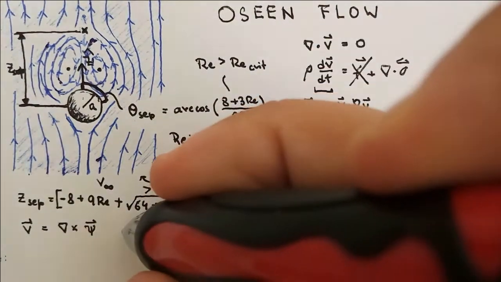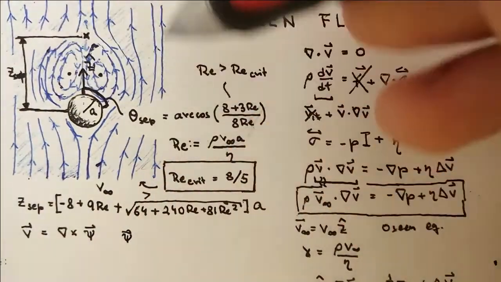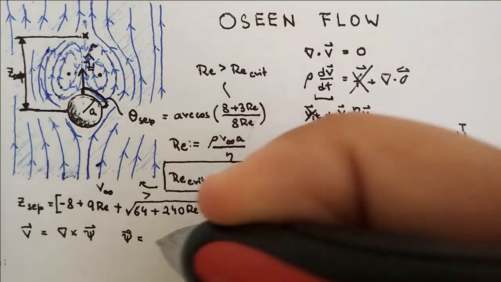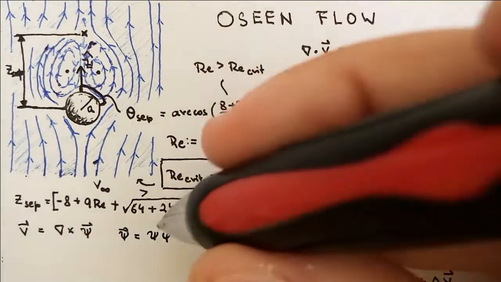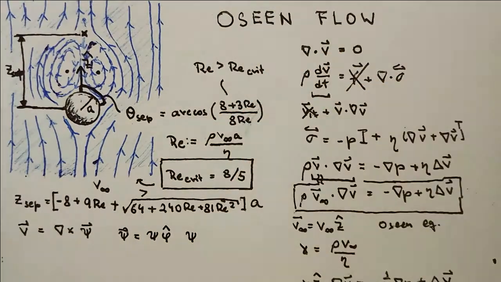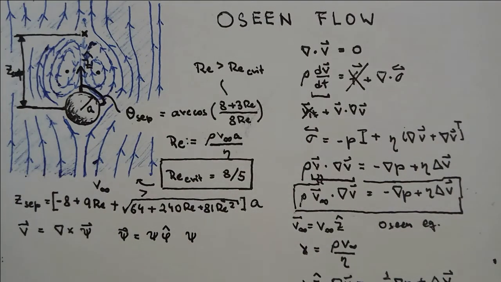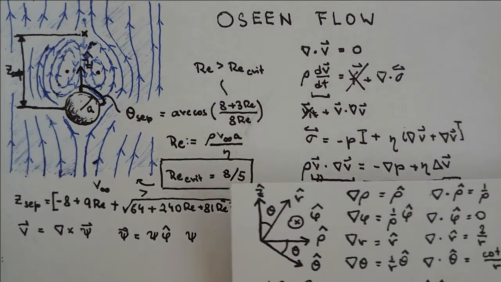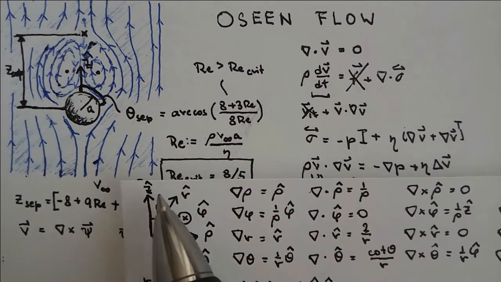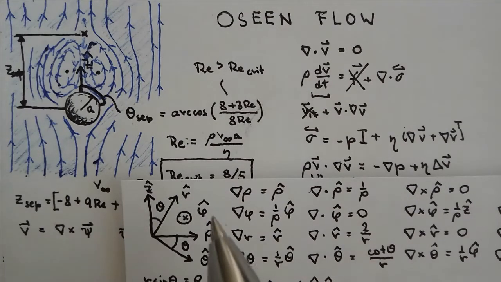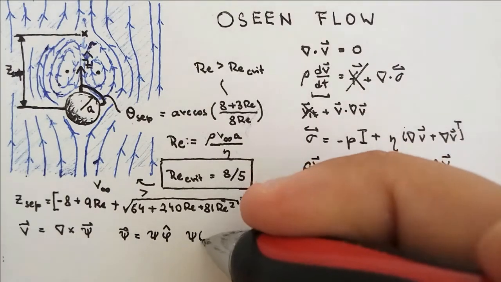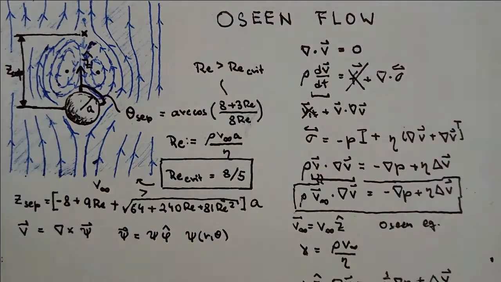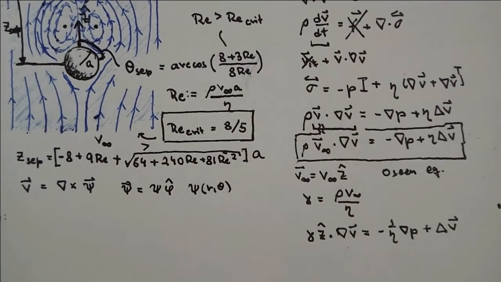And again, as in the previous video, from symmetry arguments we can show that psi is only a function of two variables, in the plane perpendicular where phi is constant. Again, we have our table here, so it's a function of two of these variables: z, r, rho, and theta. So that's our psi. It doesn't matter which two coordinates we use.